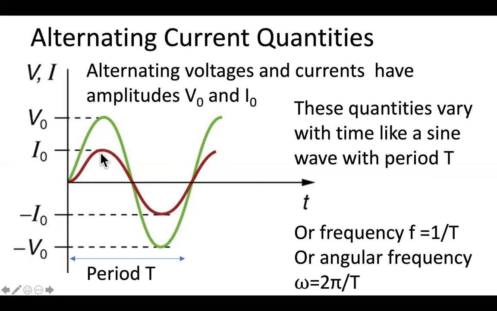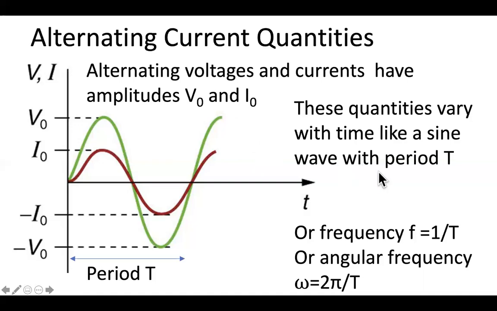It also has an amplitude. So that's basically how much the current varies, and it's the maximum and minimum values of the current itself. Remember, current can be either positive or negative in this case. Voltage can either be positive or negative. And the current being positive or negative, what that means is whether the current's flowing one way around the circuit or the other. Okay, so amplitude's one important parameter in this case.